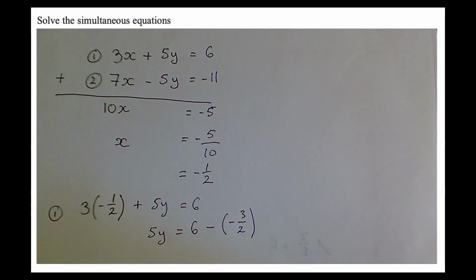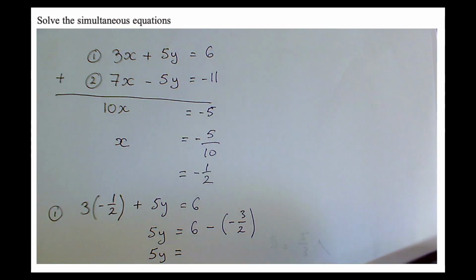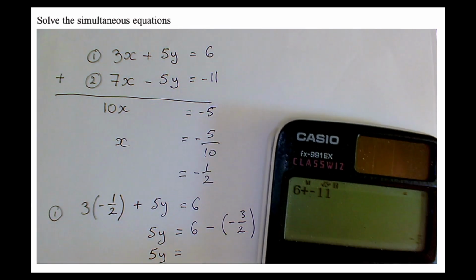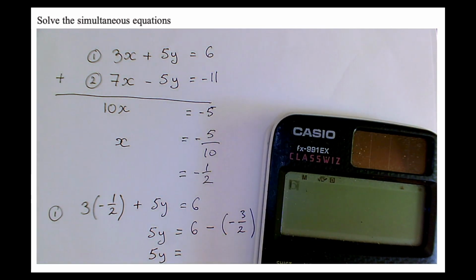Okay, so here's my calculator coming up. 5y, yes, and here we go. 6 minus negative 3 over 2. So what does that equal, please? Minus negative 3 over 2.